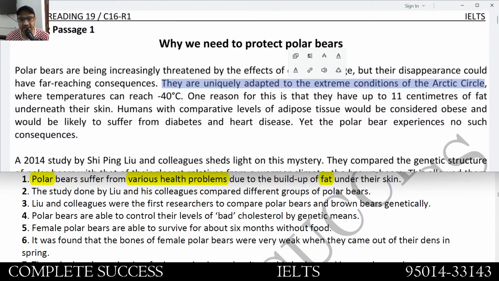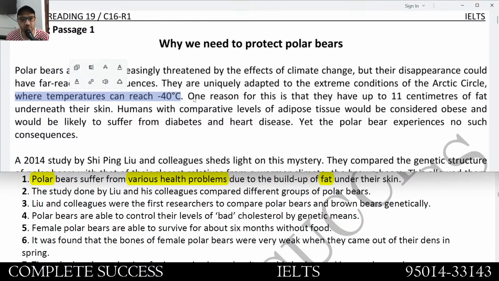So they have adapted to the extreme conditions of the Arctic Circle, which is totally covered with ice, where temperatures can reach -40 degrees Celsius. One reason for this is that they have up to 11 centimeters of fat underneath their skin.